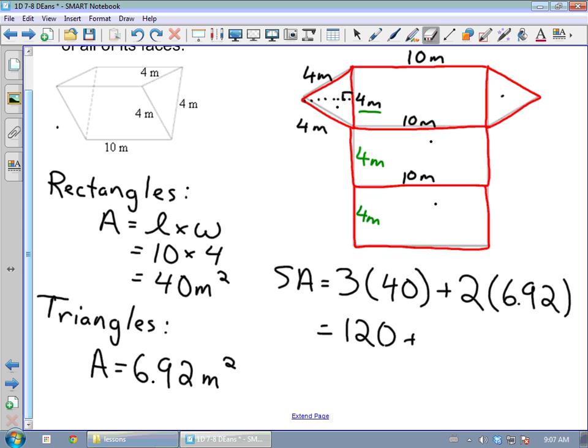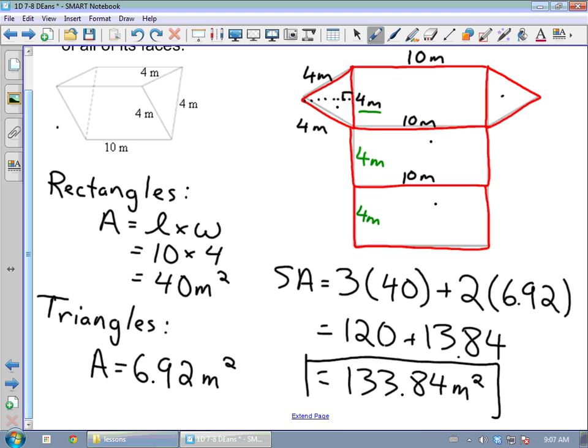So you do 2 times 6.92, what did you get? 13.84. Excellent. And then you add the two of them together, and what do you get? 133.84 meters squared. All right. Much, much better. Yeah, that makes more sense.